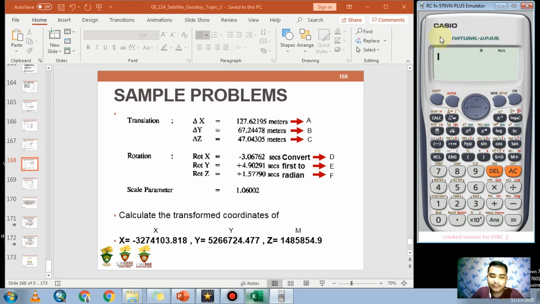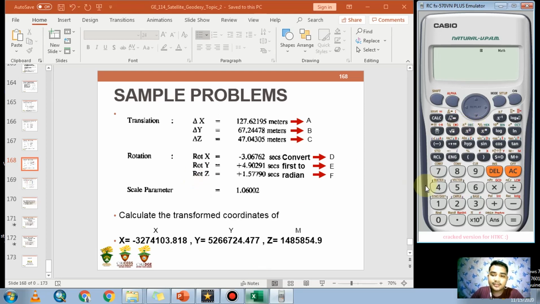Using the calculator, press shift, then solve, or press shift, then mode. Pero I want you to create a solution na systematic at the same time formal, unta masabtan ninyo ang part.